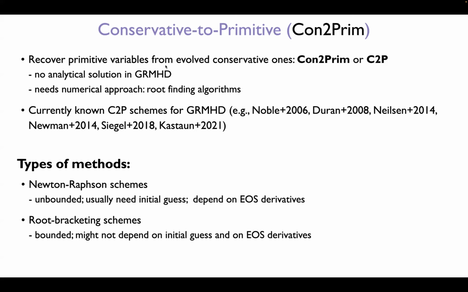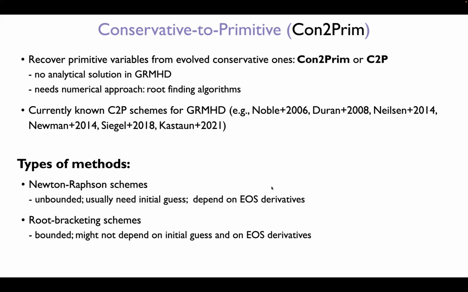There are different C2P algorithms proposed in literature, and they are typically based on two different kinds of methods or schemes. One is the Newton-Raphson root finding techniques. They typically start with an unbounded root, and you need to provide an initial guess. These schemes might also depend on your equation of state derivatives.